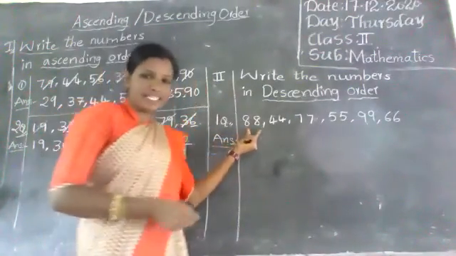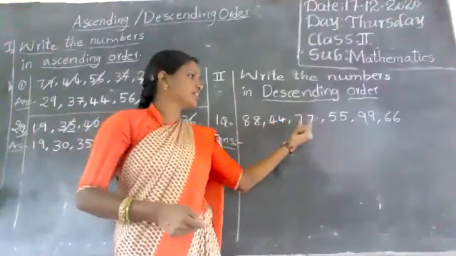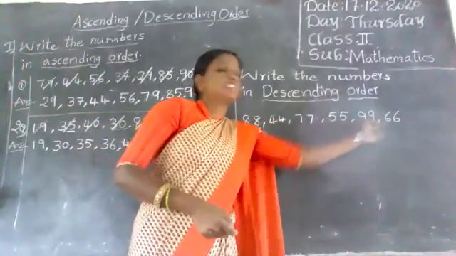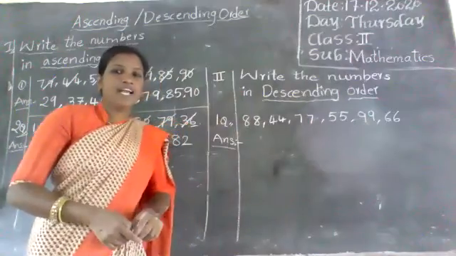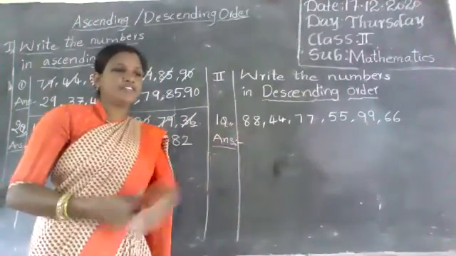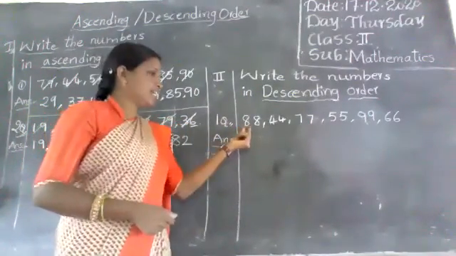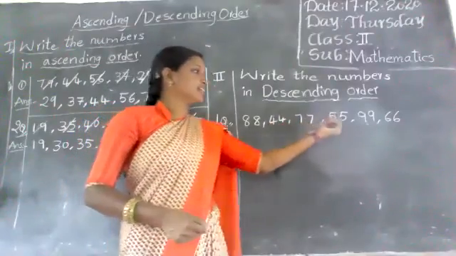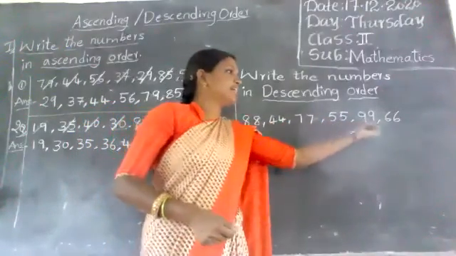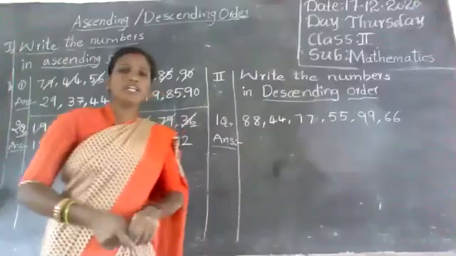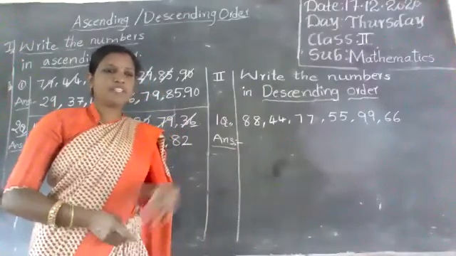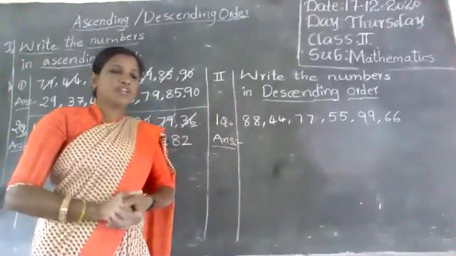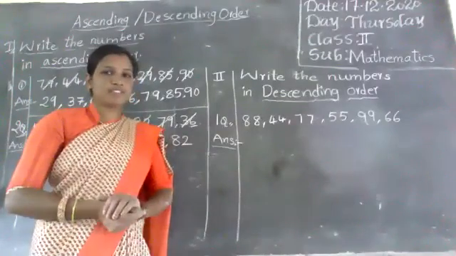See, 88, 44, 77, 55, 99, 66. Here the tens are different: this is 80, this is 40, this is 70, this is 50, 90, 60. So here it is not confusing, because different tens places are there. Now we have to see only the tens place.